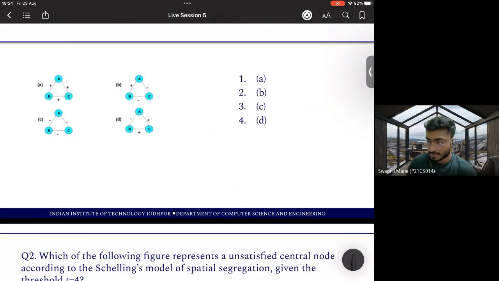Let's consider the second option, where a triadic example is given, and there is only one friendship.